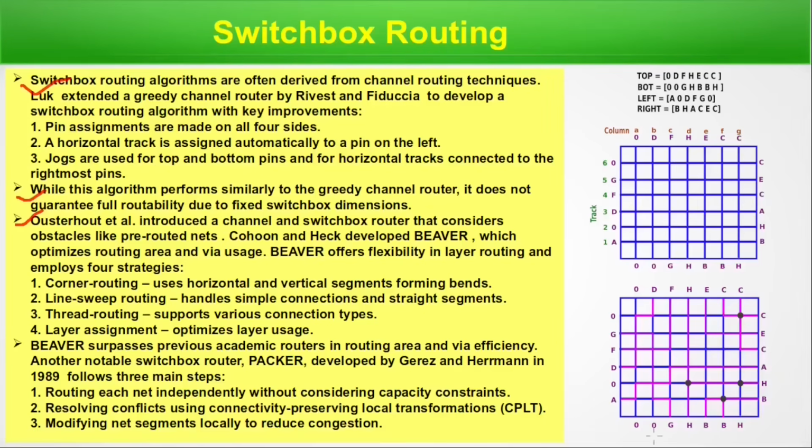On all 4 sides, here the pins are mentioned, like 0, D, F, H, E, C, C, and here 0, G, F. So this connection is a little bit more complicated, and we have seen in one of our previous slides that a switchbox is used where connections from different modules or components come and meet at a place.